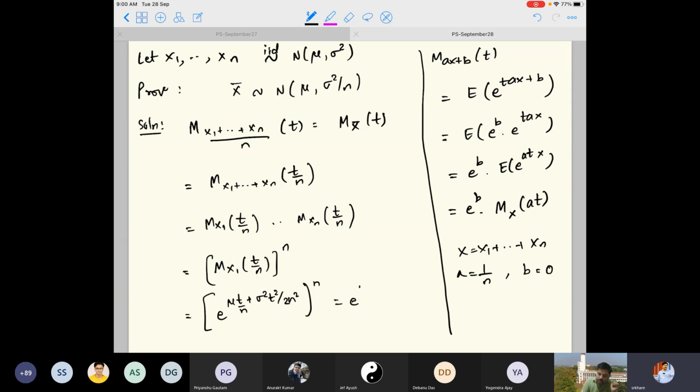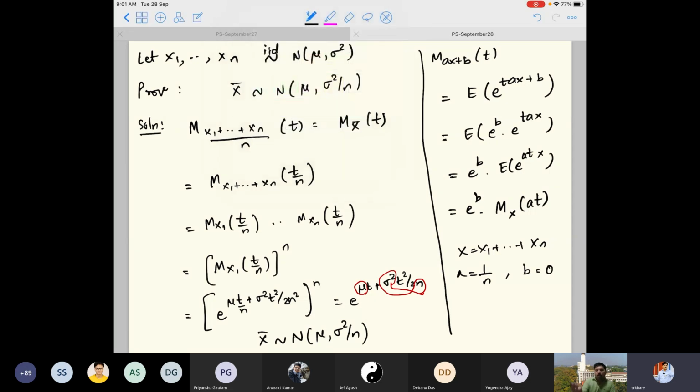You get e to the power mu t plus sigma square t square by 2n. The first parameter is the coefficient of t, and sigma square by n is the parameter in the coefficient of t square by 2. So from here you can show that x bar has the form of a normal, normal(mu, sigma square by n). Is that okay?